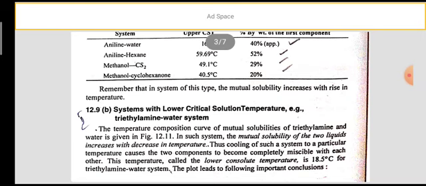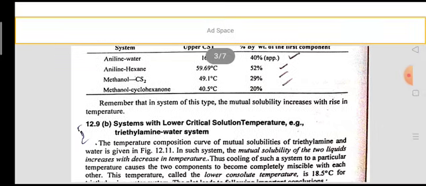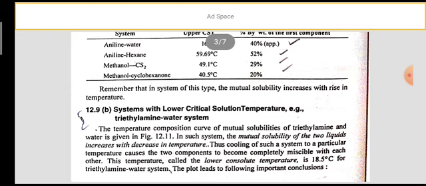It is found that the mutual solubility of the two liquids increases with decrease in temperature, that is cooling. Thus, cooling this system to a particular temperature causes the two components to become completely miscible with each other. This temperature is called the lower critical solution temperature or lower consolute temperature.